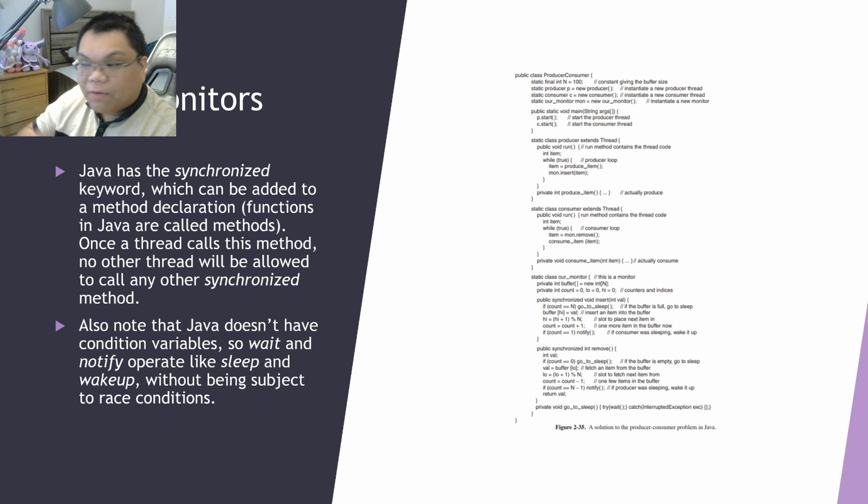Oh, and by the way, functions in Java are called methods. I've been using the term procedure in lieu of the term function because that's what the textbook uses. Any time I say procedure, it might be a function. But I say might be because, simply put, many programming languages call things by different names.